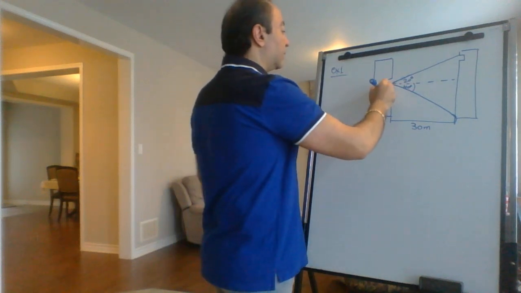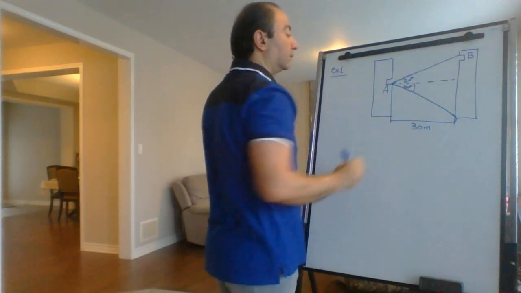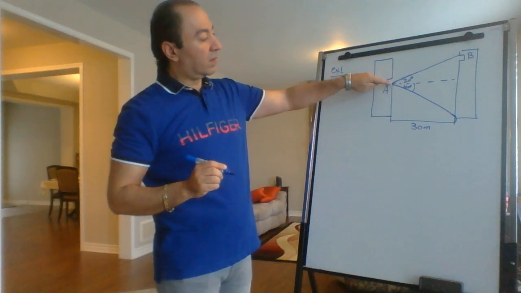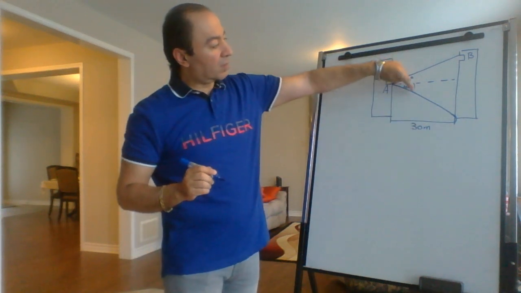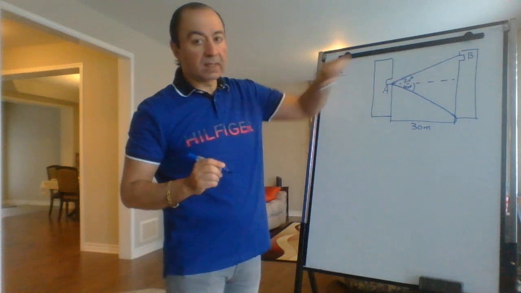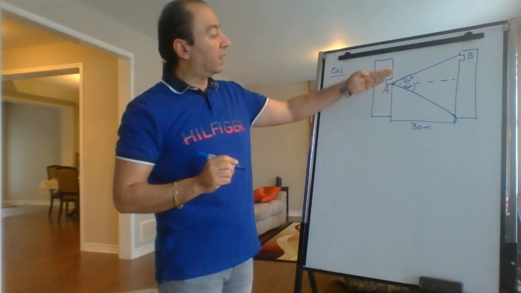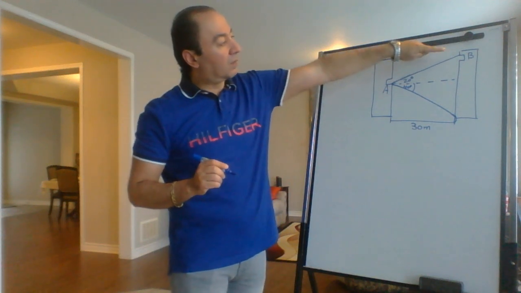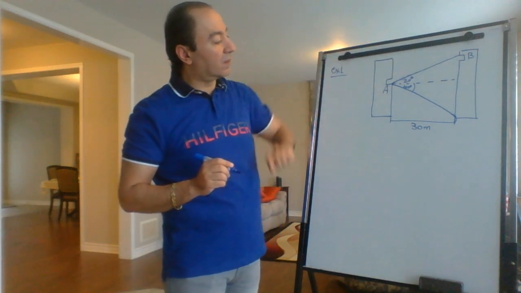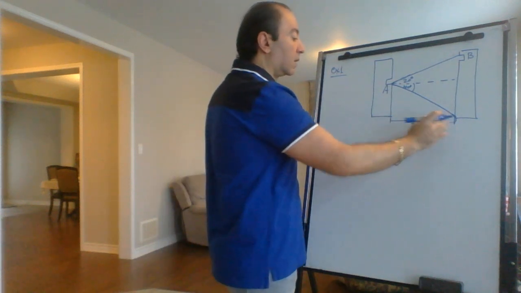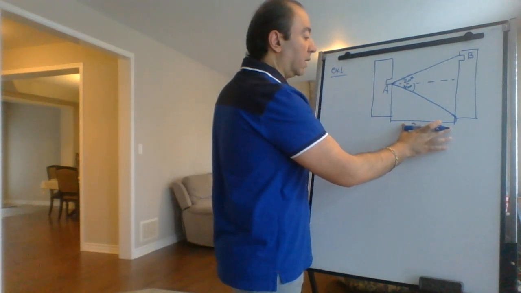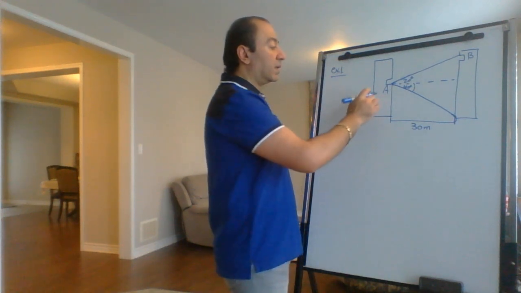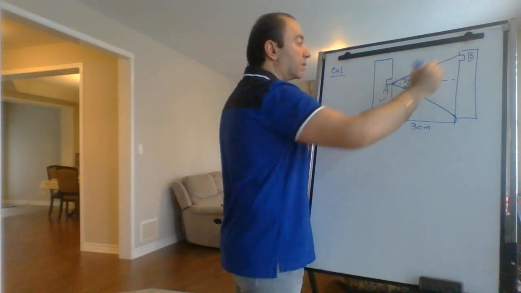Let's say this is balcony A, this is balcony B. There is a guy standing here looking at the bottom, and they measure the angle of depression with the horizontal. It says 40 degrees, and he looks up to the other balcony, and the angle of elevation was 20 degrees. The distance between the two buildings is 30 meters. They need to know how high is balcony A and how high is balcony B.